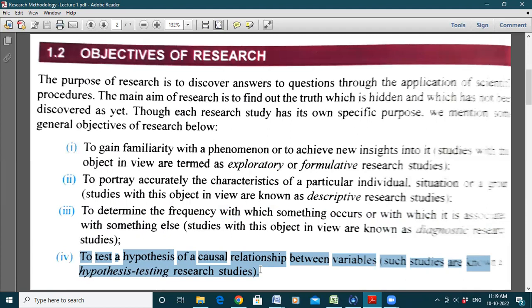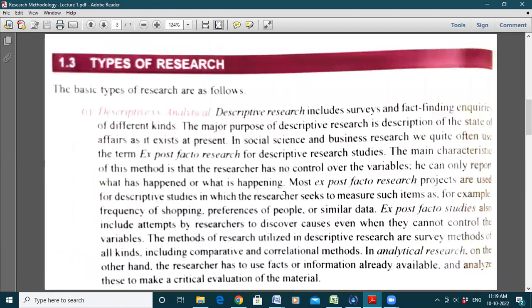You know, research variables like dependent variables, independent variables. You need to find out the relationship between those variables. And this is also one objective of research, known as hypothesis testing research studies. Now, regarding the different types, I think the objectives of research are clear to everyone.